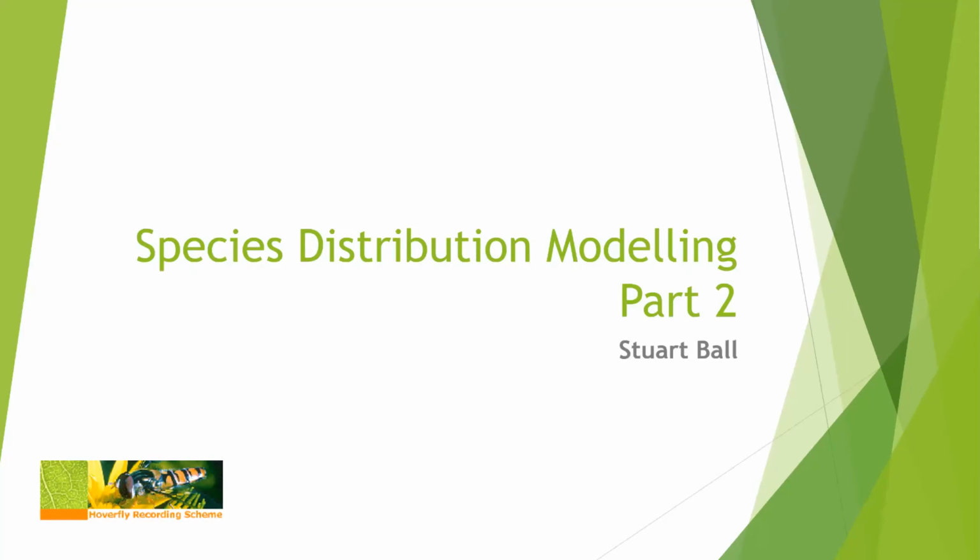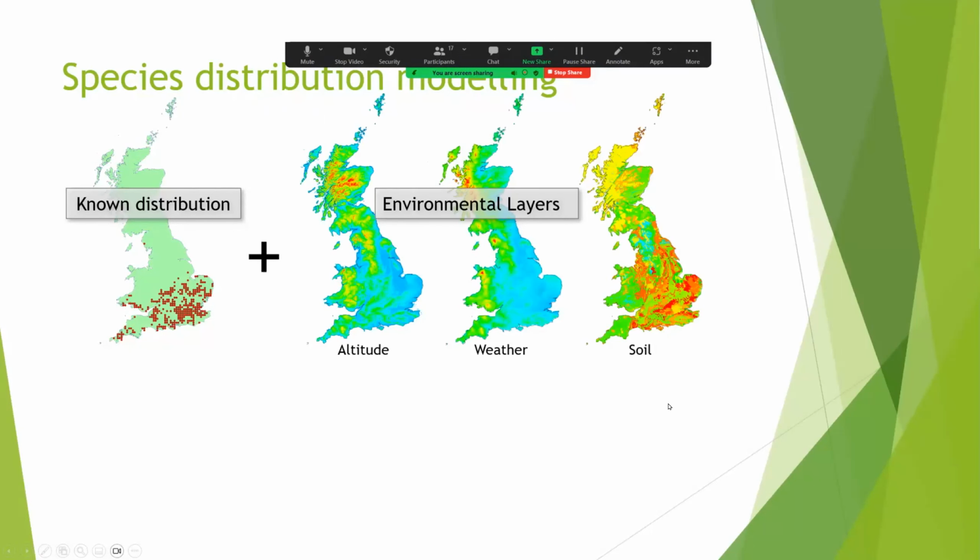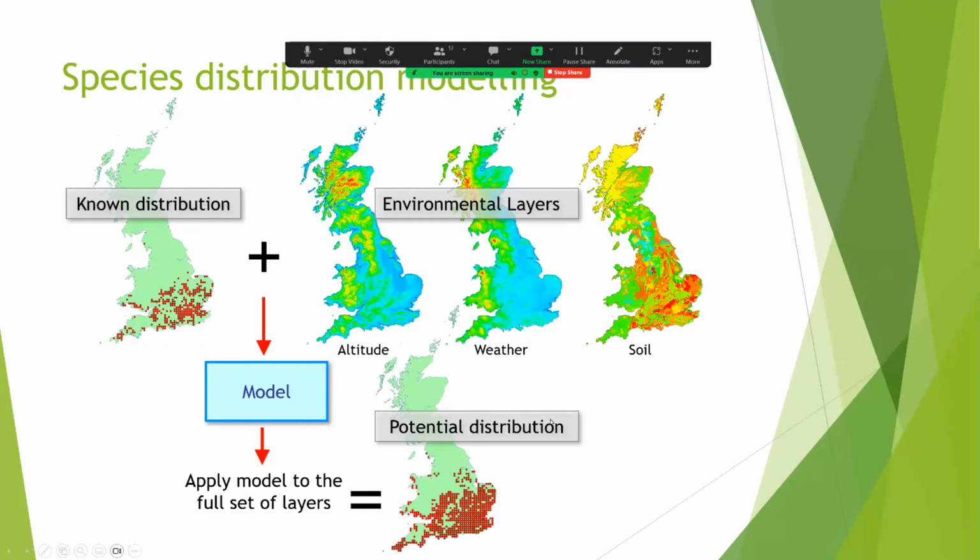But anyway, last time we looked at the general principles, which is taking the known distribution of the species, the known points of presence, taking various environmental layers, essentially maps of some environmental feature, building a model, training a model which attempts to say what's special about those points of presence, what's distinctive about them, then apply that model back to the whole layers and end up with a potential distribution.